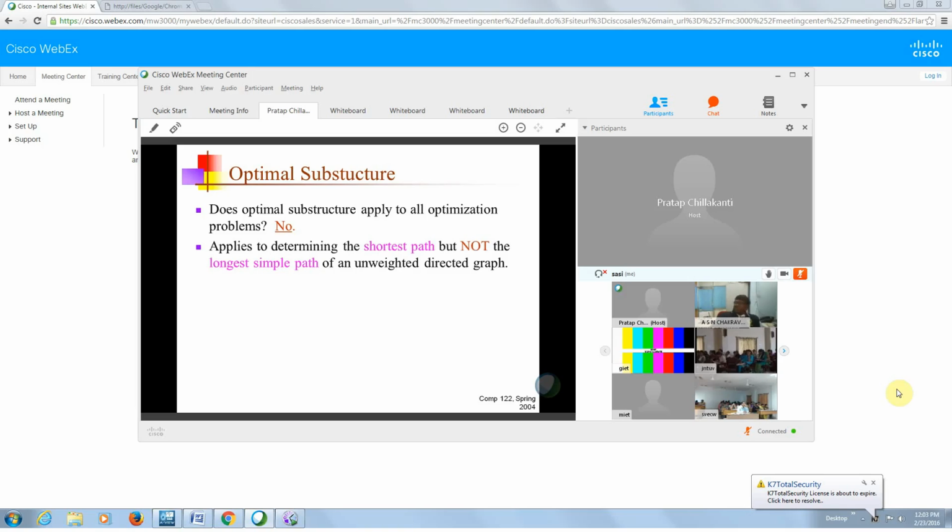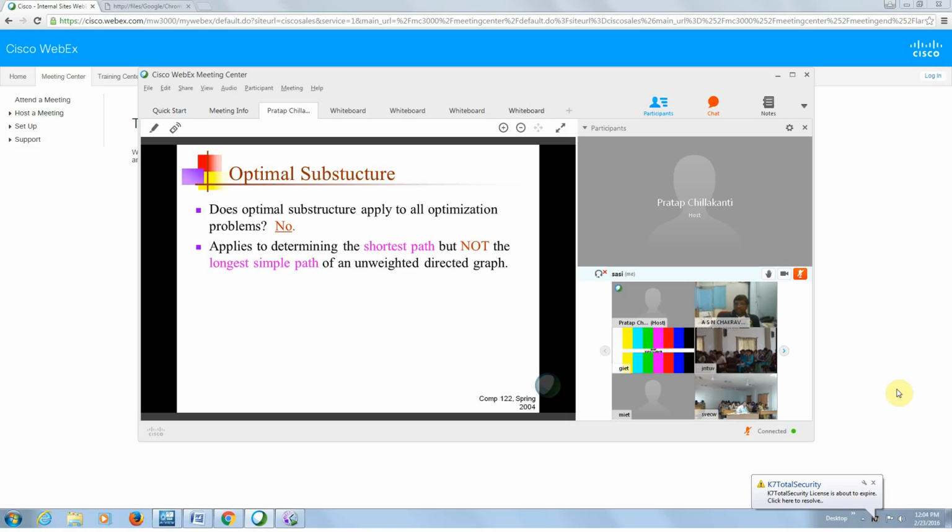We gave this example too. When we talked about all shortest paths, remember I said when we applied dynamic programming, we were able to come up with the shortest path. But the longest simple path we could not come up with because there was a cycle there. If you recall the small cycle diagram that I gave, I said dynamic programming doesn't always work.